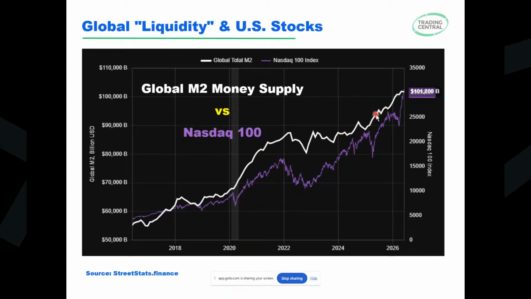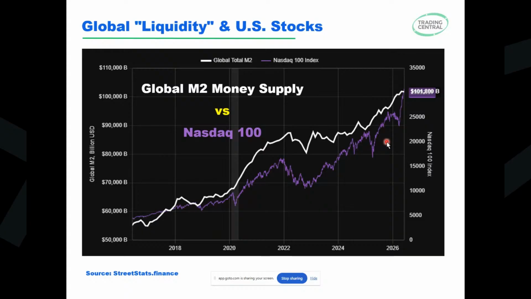It means the central banks are continuing to bring in liquidity, or in other words, printing money. At the same time, liquidity is increasing, and the stock market, in this case the purple line, follows suit. Now we see higher and higher numbers of this money supply, and I don't worry at all about the uptrend of the stock market.